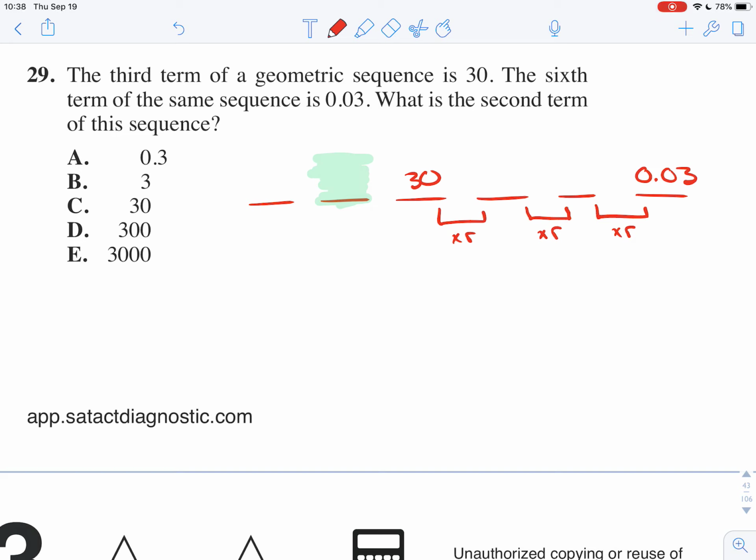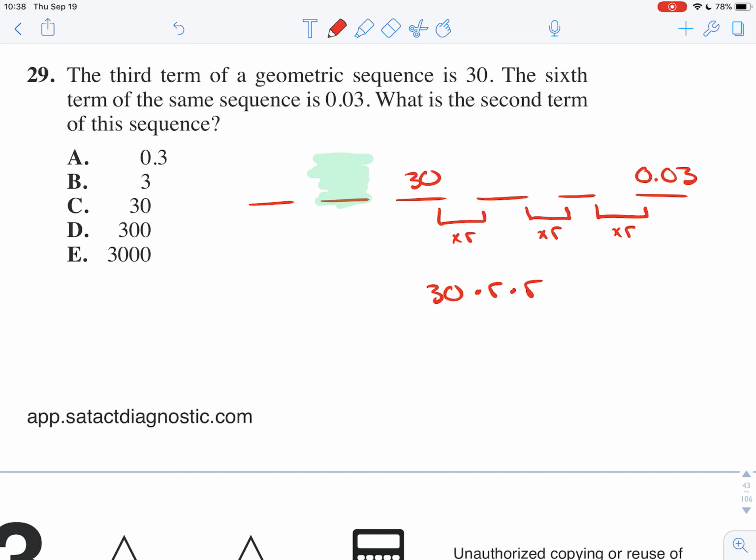But if you were to try to do it algebraically, understanding geometric sequences, we could write an equation saying that 30 times r, and I don't like using times, I'm going to use the dot, guys.